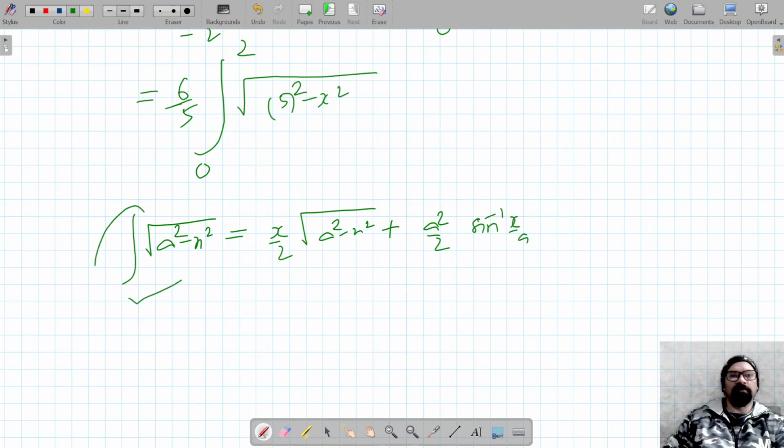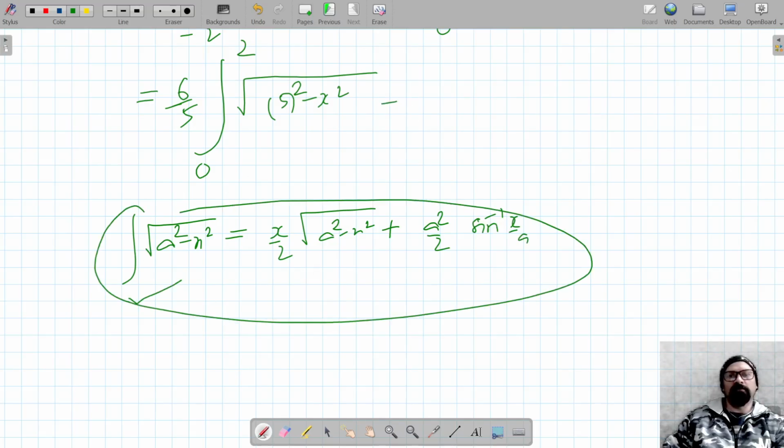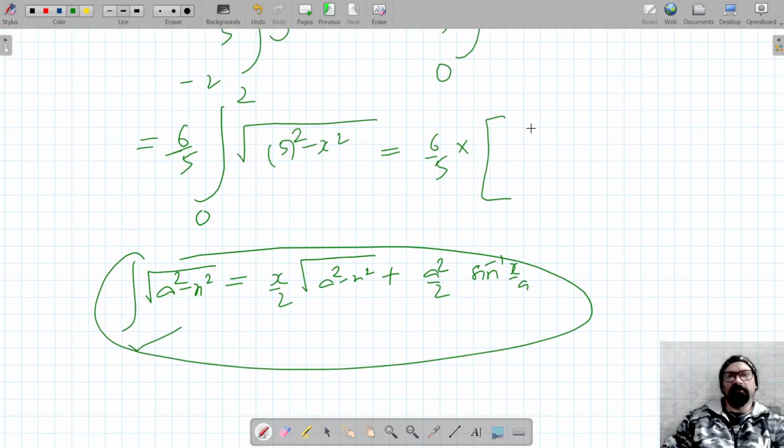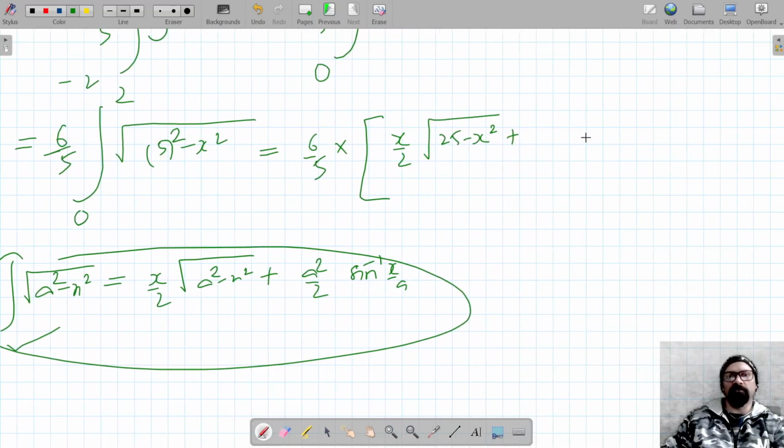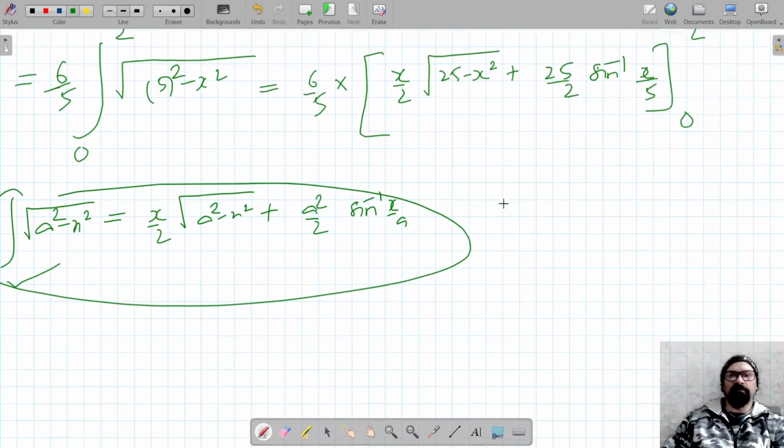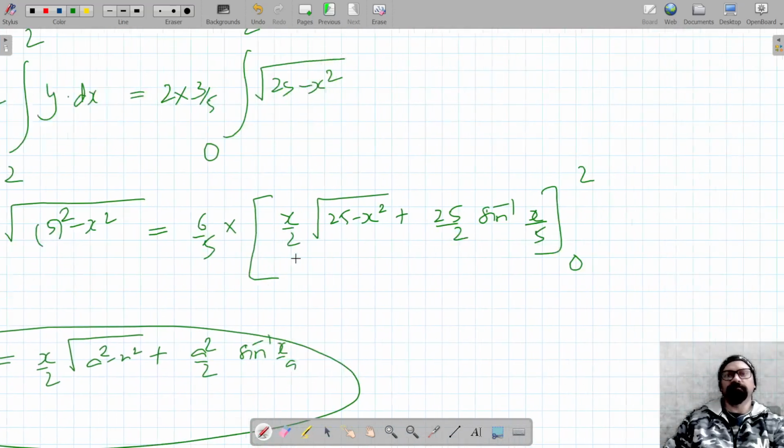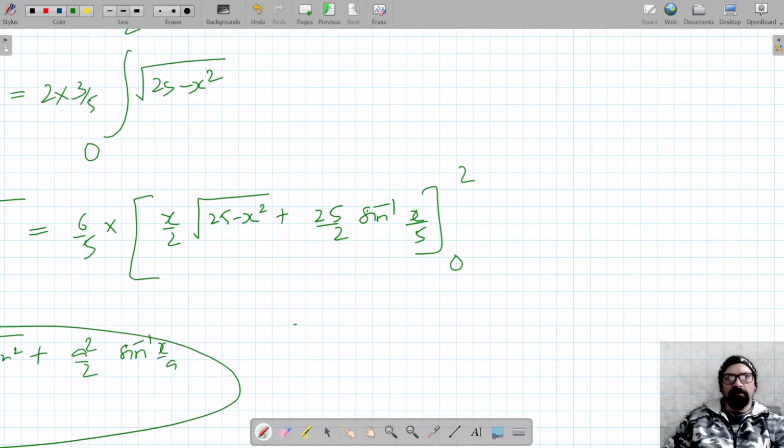So let's use this identity here, which gives me 6 by 5 is out, into x by 2 under root 25 minus x square plus a square by 2, a square is 25, so 25 by 2 sine inverse of x by 5, from 0 to 2. So let's evaluate this for the limit 0 to 2.